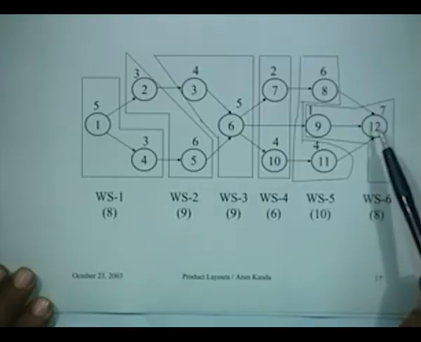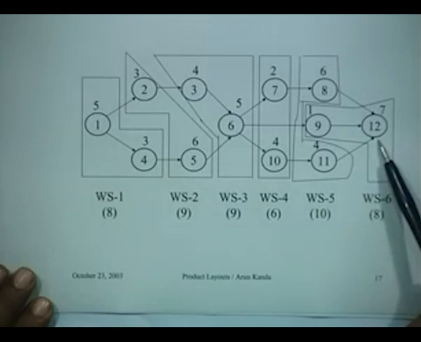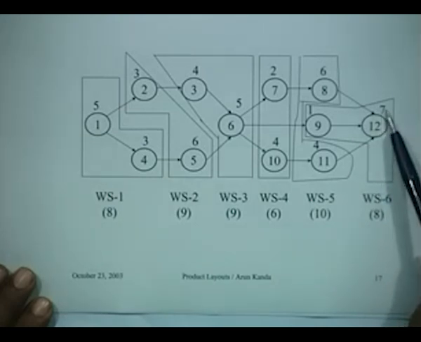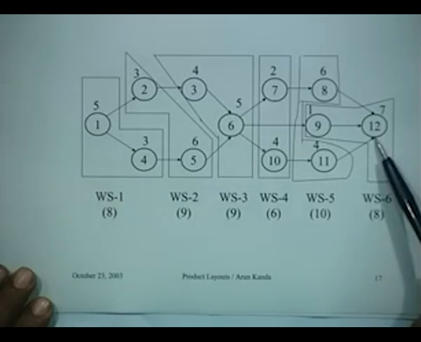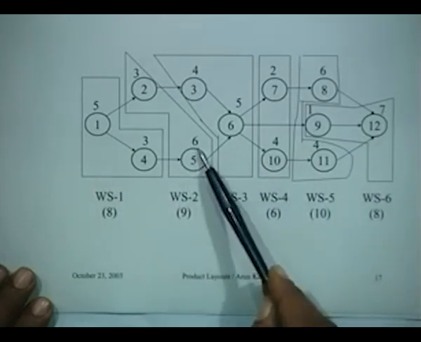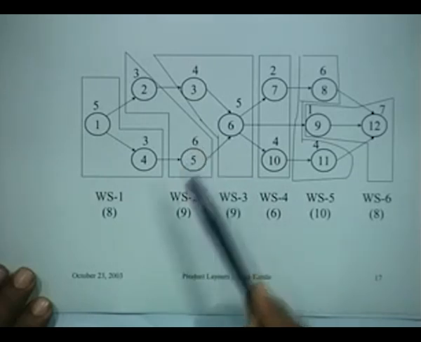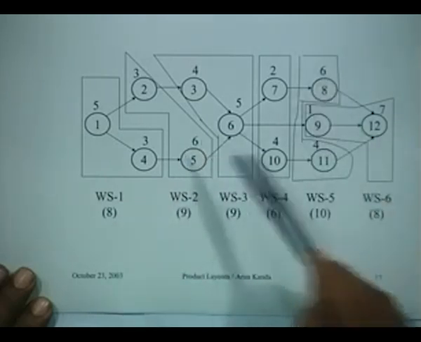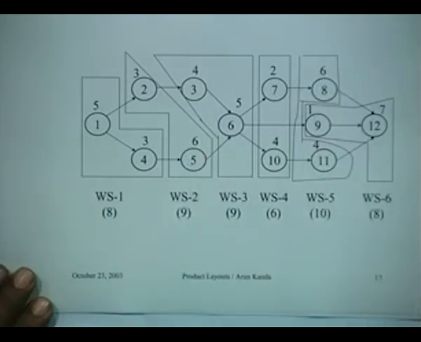If this is the bottleneck operation, you can have 2 machines here in parallel, and each machine will have an effective time of only 3.5, and then your bottleneck will be maybe 6. This will be the bottleneck, 6, right? So you can work that way also.